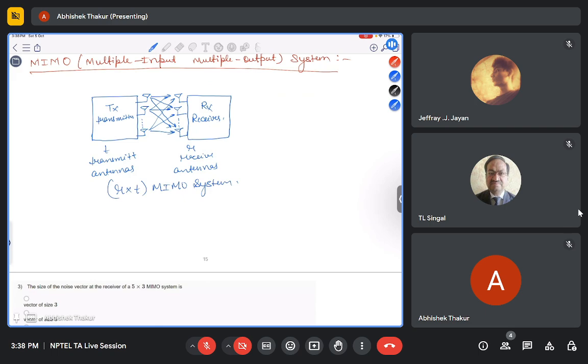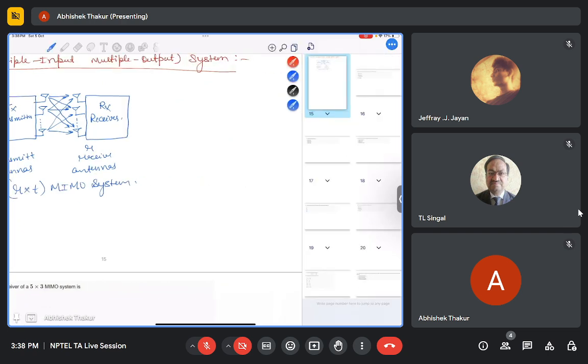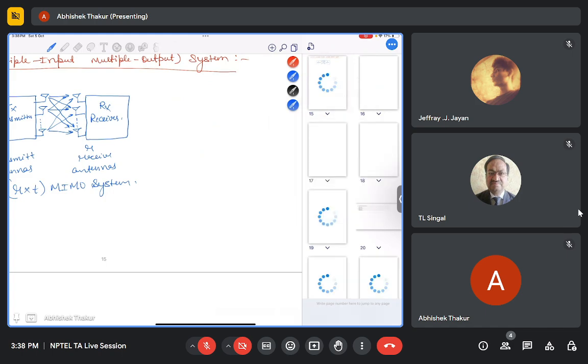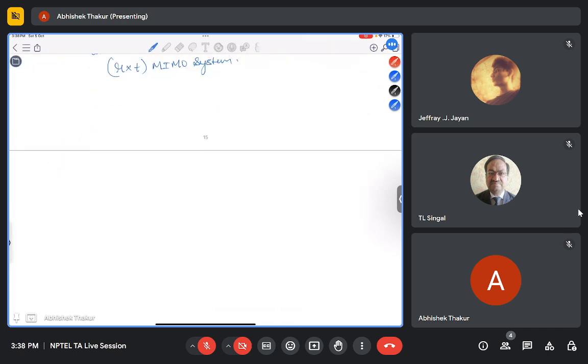Now let's suppose X1 to XT are the T symbols that are transmitted. Let's suppose X is the symbol vector to be transmitted, X1, X2, up to XT.